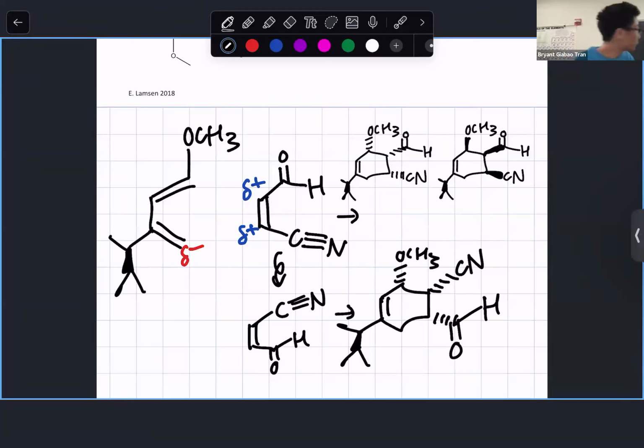Because we know that the endo group has to be cis to the EWG, which could all be dashes or they could all be wedges there, right? This pre-existing stereocenter on the R group here does not change, so that's why these are diastereomers, right? Same as for this one here.